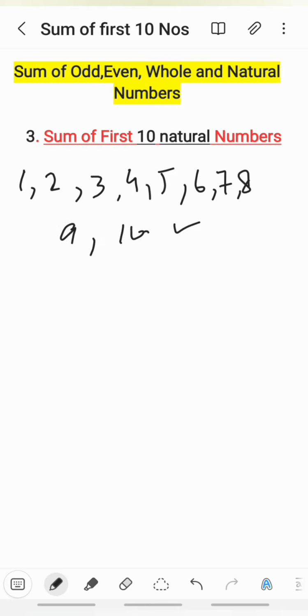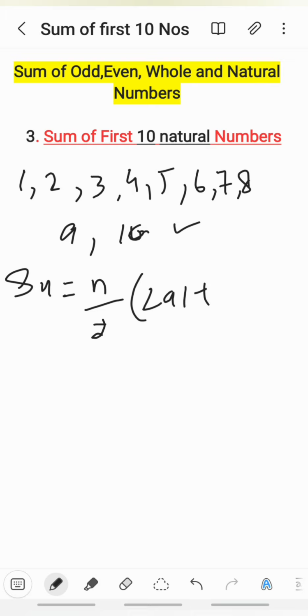These are the first 10 natural numbers. So what will be the sum of the first 10 natural numbers? We also have a formula: Sn is equal to n upon 2 into 2a1 plus n minus 1 into d.